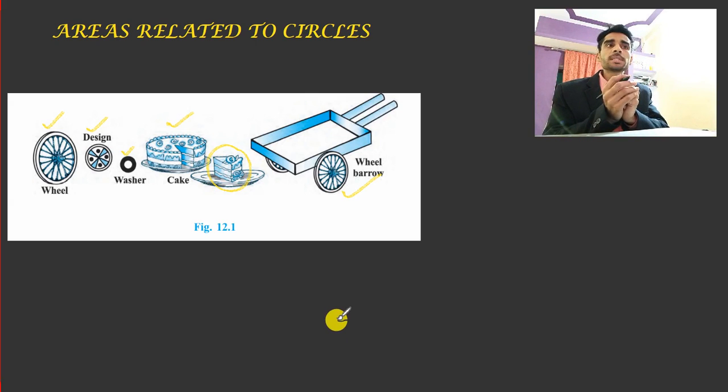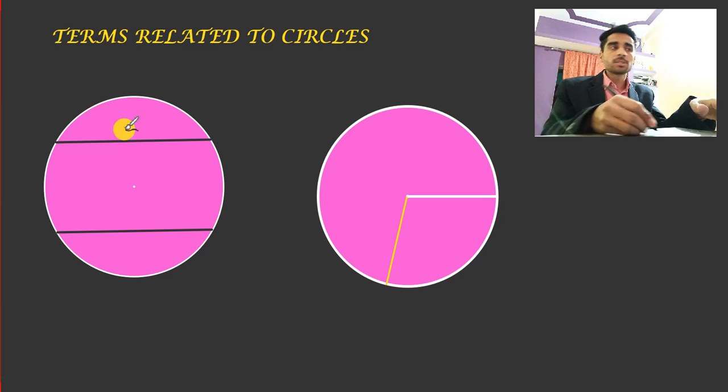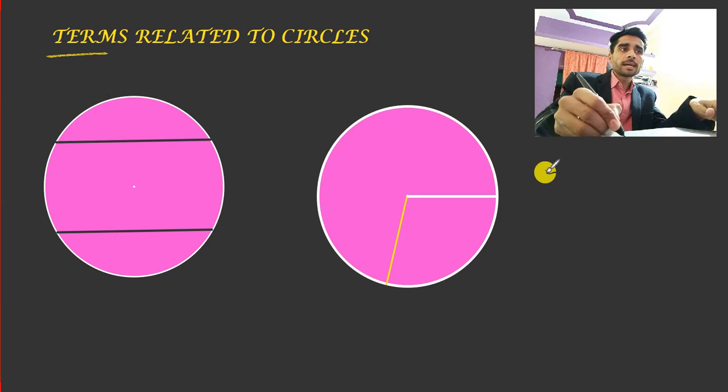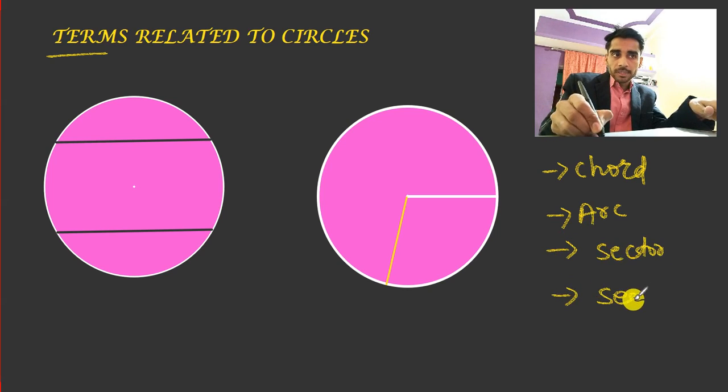So before proceeding further, I would like to introduce a few more terms related to circle. The first one is chord, second one is arc, third one is sector, and the last one is segment. Chord.